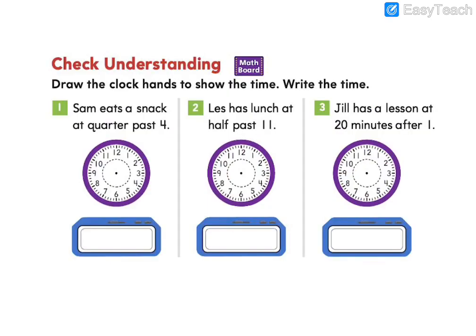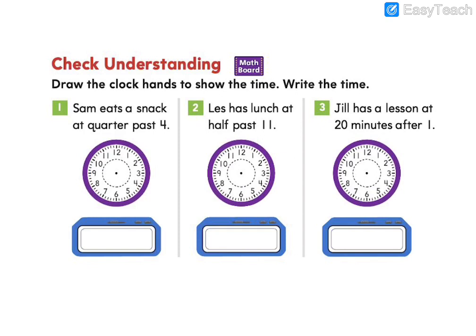All right. You're going to go ahead and complete the check understanding. You'll draw the hands to show the time and then write the time digitally. Number 1, Sam eats a snack at 4:15. So think about where that would be if we split our clock into quarters.